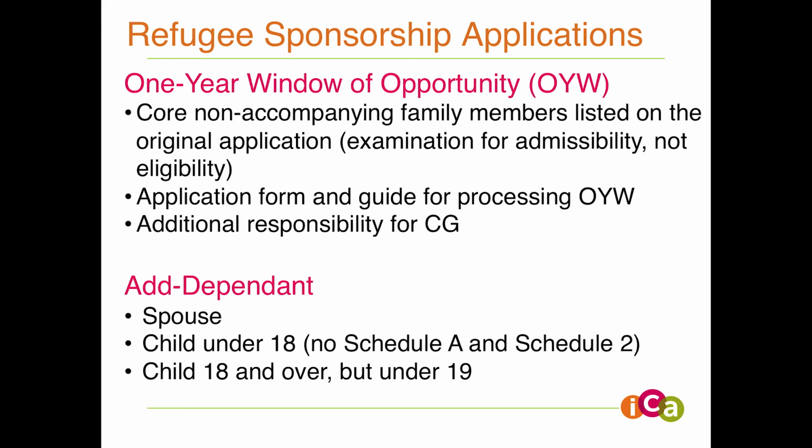So let's assume that the father arrived on the 1st of January, and now you're putting through a 1-year window of opportunity application in June of that year. And now this other person maybe comes at the end of the year, when technically your year for the father is over, but now you have another year, right? Because then your sponsorship is extended for the people that came later on under the 1 year. So that's just important to keep in mind.